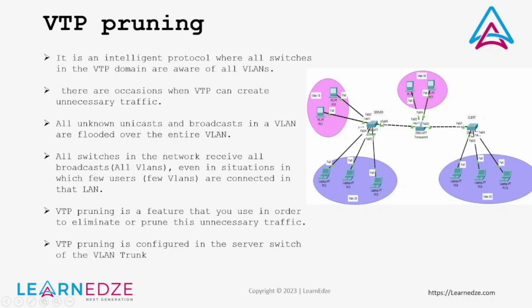And the second switch needs only VLAN 10, not VLAN 20. In that scenario, we can configure VTP pruning so that the unnecessary flow of the VLAN database can be prevented. So this is called VTP pruning.